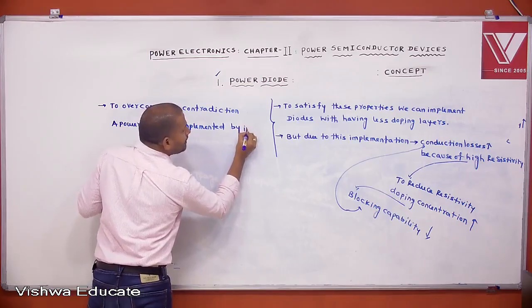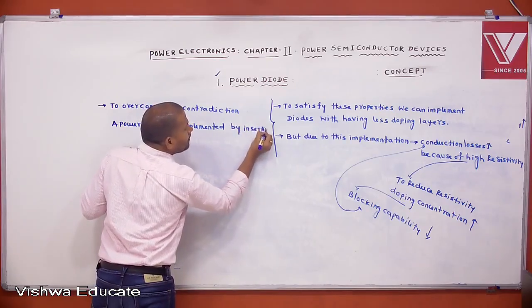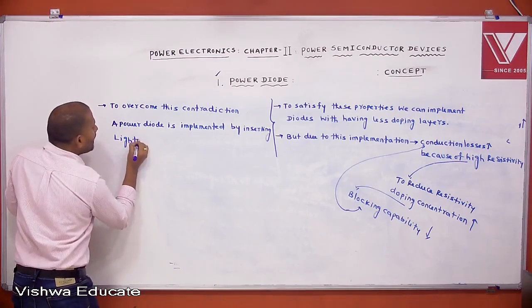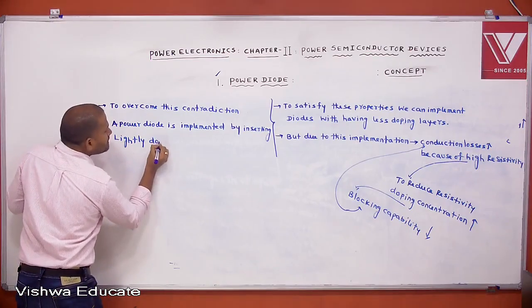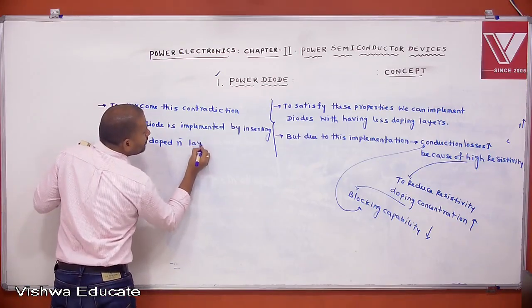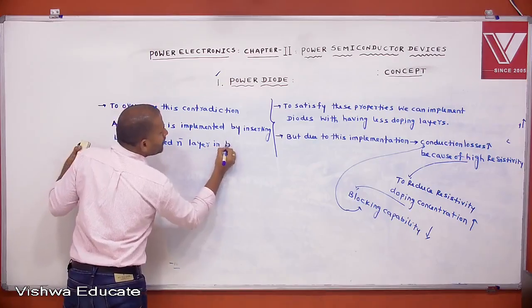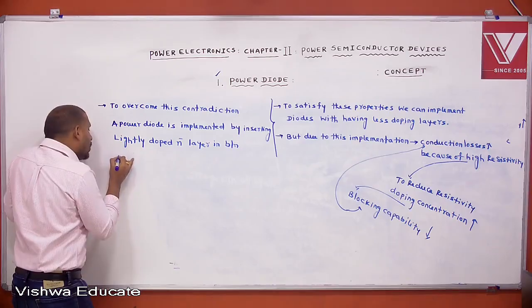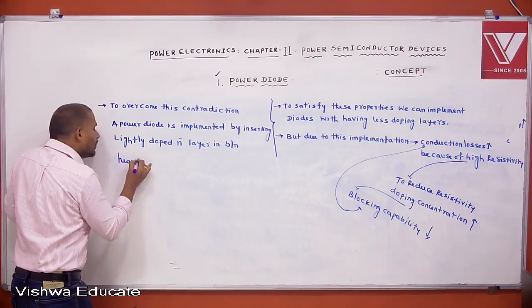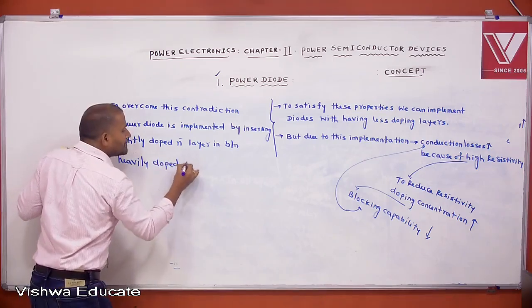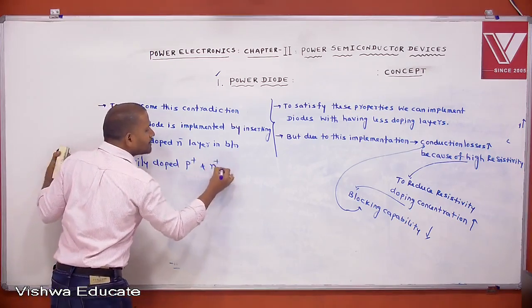A power diode is implemented by inserting a lightly doped N minus layer in between heavily doped P plus and N plus layers.